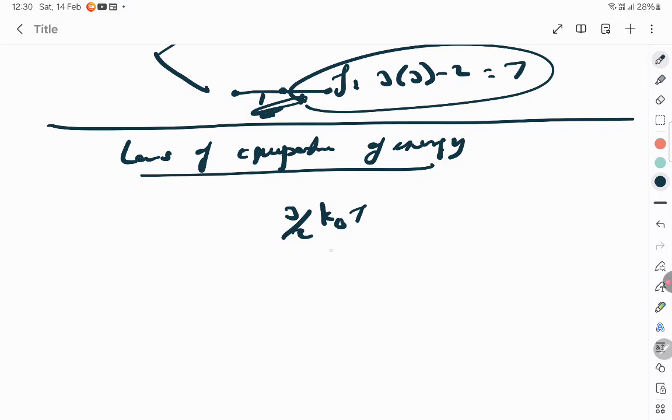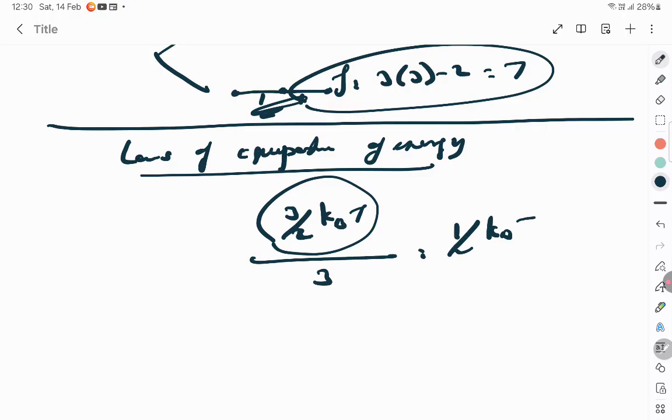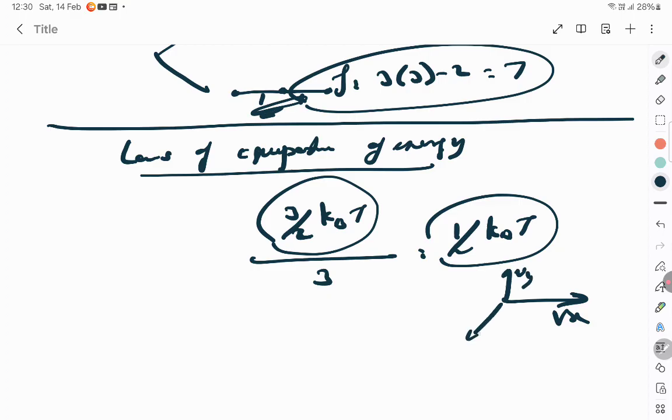And this 3 by 2 kBT is the entire kinetic energy. You have to divide it by 3. So you get 1 by 2 kBT, which will be associated with one motion like Vx, not Vy and Vz. We have not included other vibration.